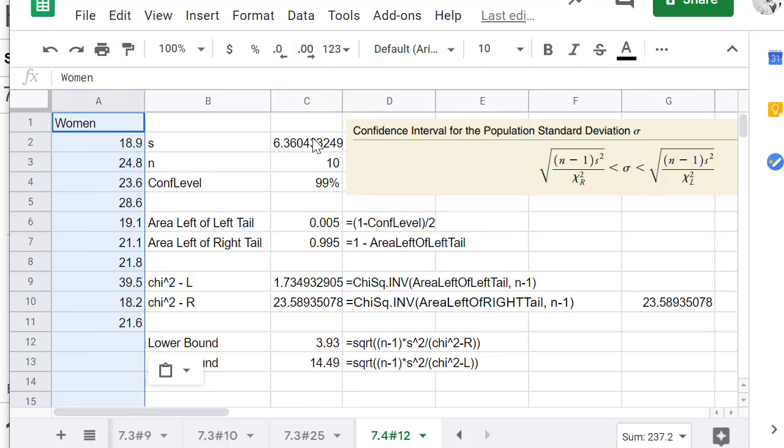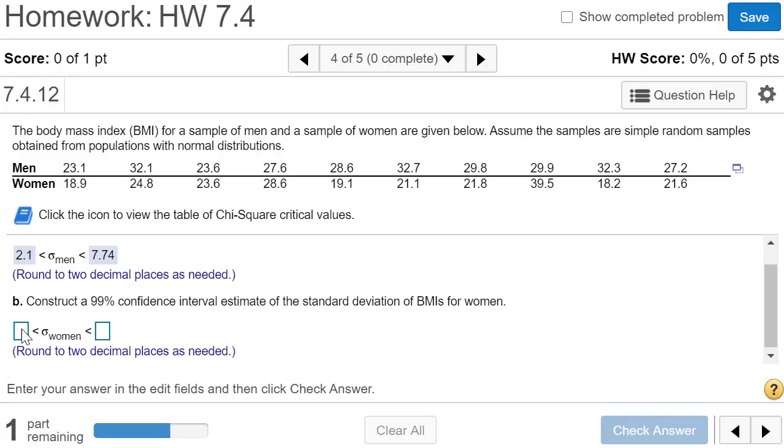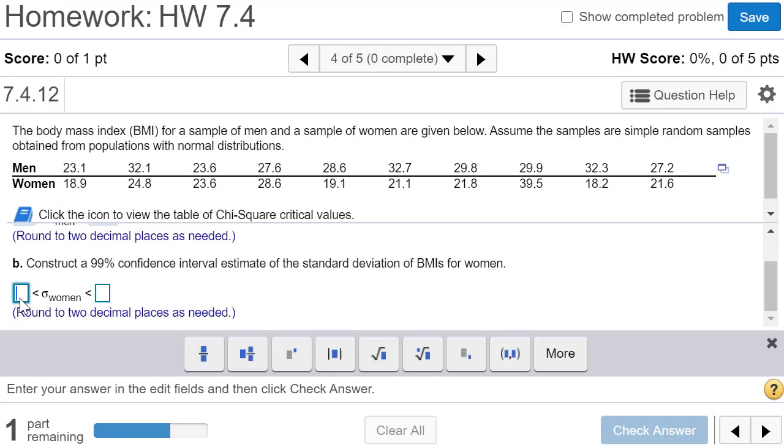We will have a different S, but our n will be the same, and now all these numbers will change accordingly. Notice I did not have to do any work at all aside from copy and paste. And our results here are 3.93 and 14.49.